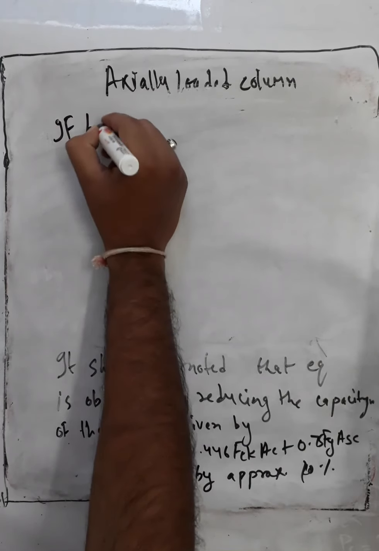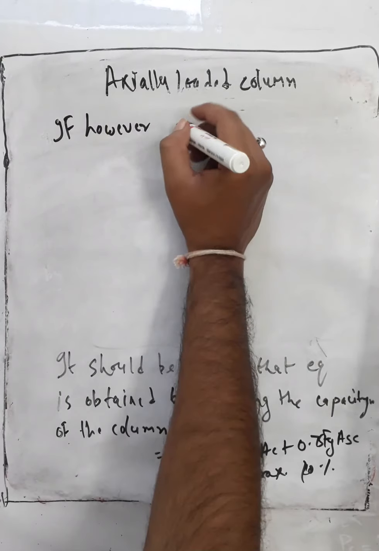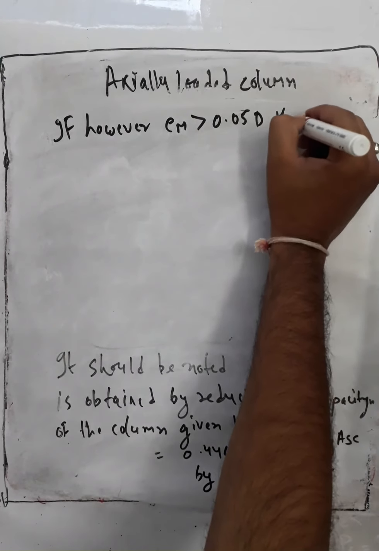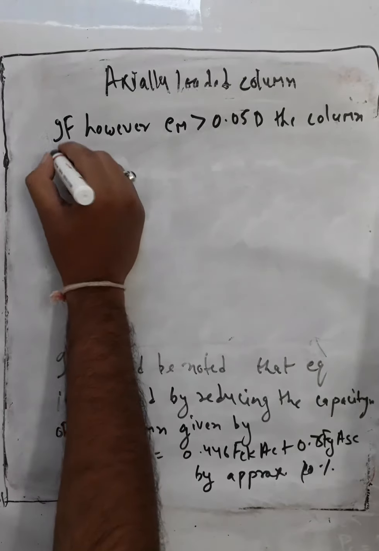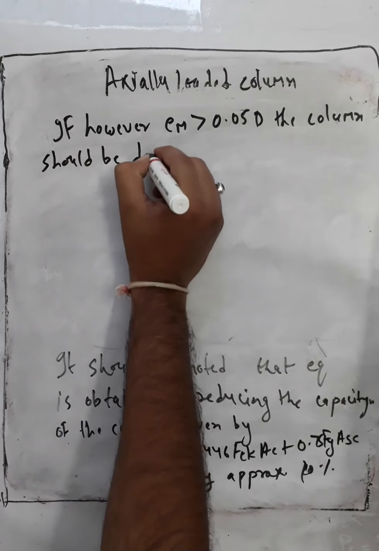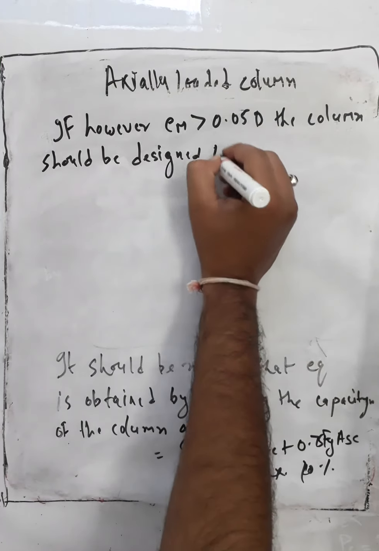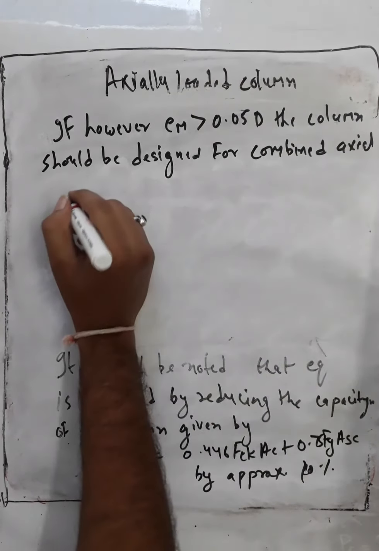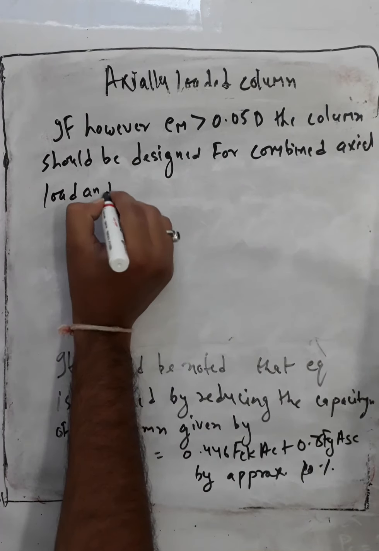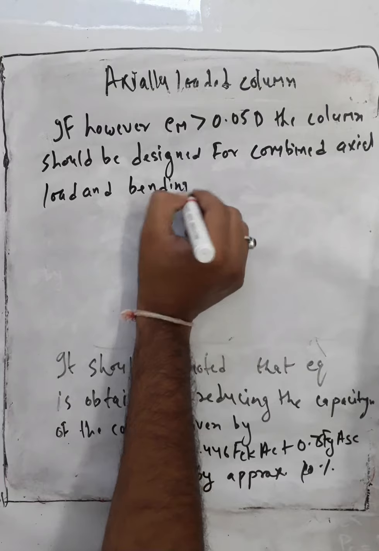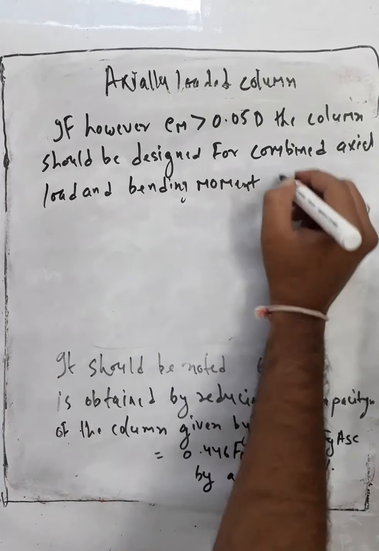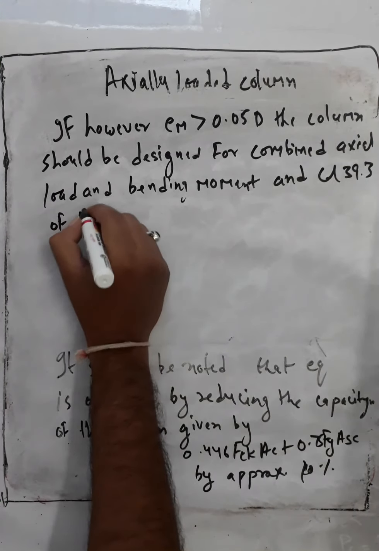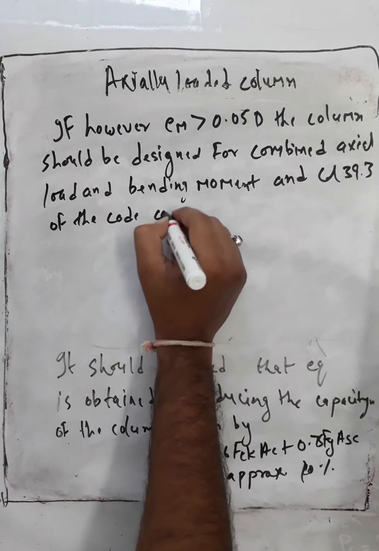If however E minimum is greater than 0.05 D, the column should be designed for combined axial load and bending moment, and clause 39.3 of the code cannot be used.